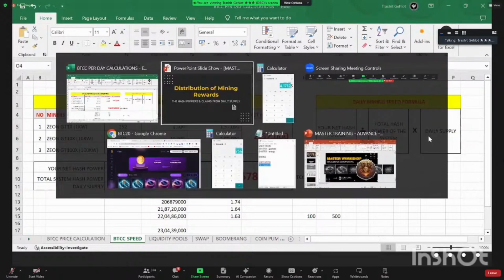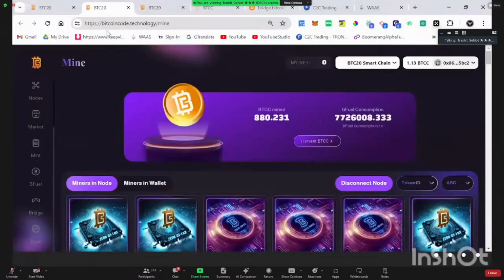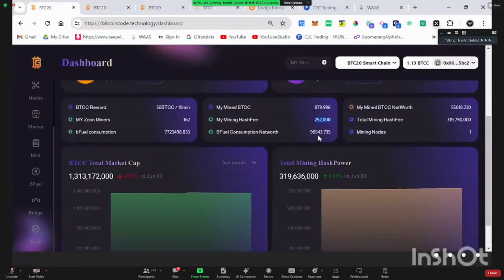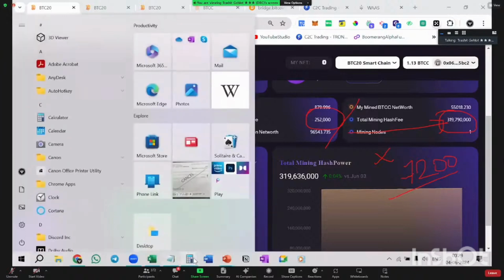Over here, you can see on the live dapp, this is your hash power, this is the system's hash power. So your hash power divided by the system's hash power multiplied by 7,200 gives you the daily rate at which you will claim BTCC.